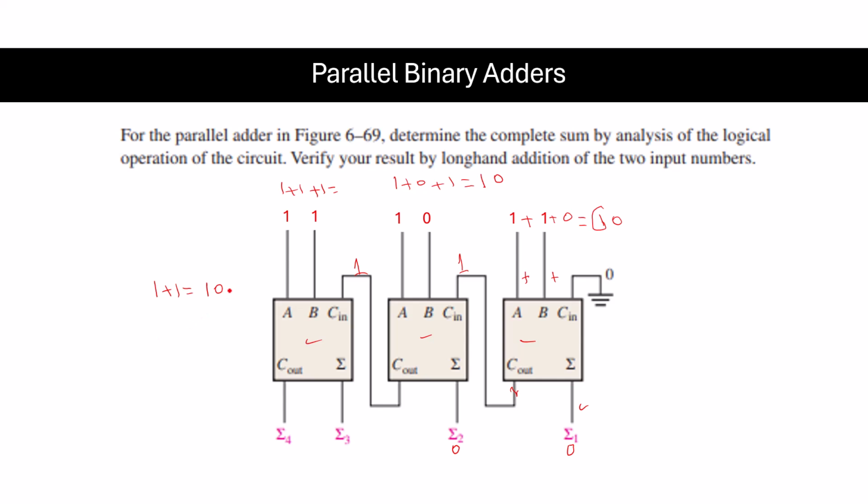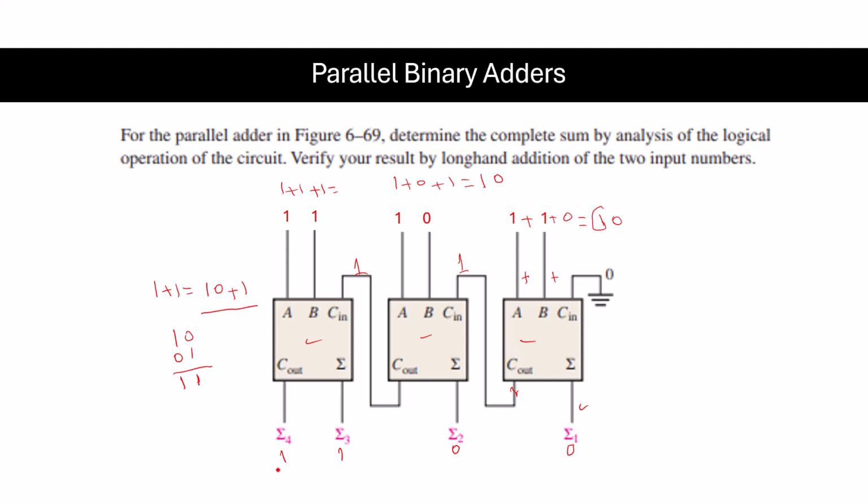And then I'm going to add to that 1. I'm going to write it this way in a familiar way. So this is 1 plus 0 is 1, and 1 plus 0 is 1. So we have this value. This is 1, 1, 0, 0.